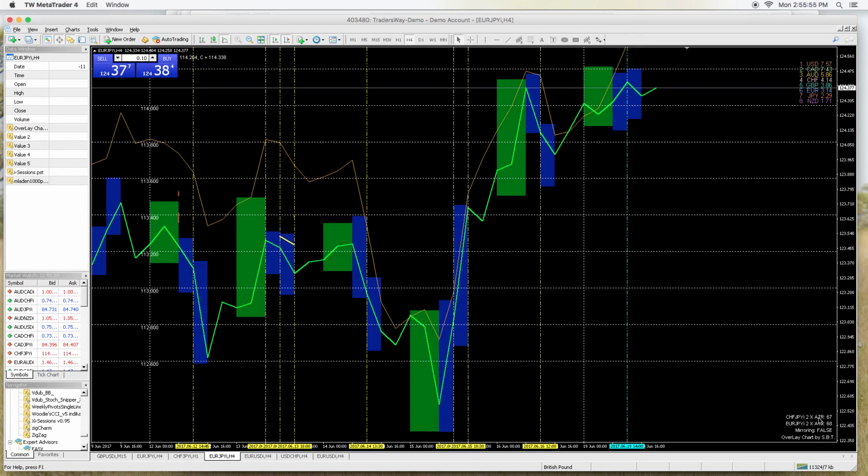Okay, and it happens to be 67 points. Of course, this was back in history, but averaged out the last 14 candles. 2 times the range of the last 14 candles. So that means the average range of a 4 hour candle would be about 33, 34 pips.